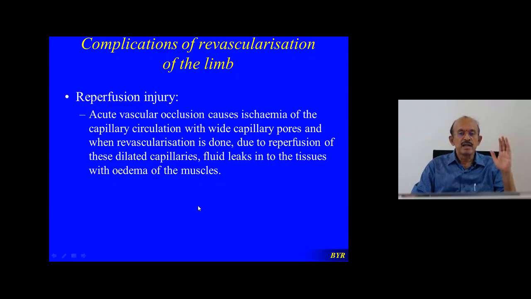So they will be under anaerobic metabolism. In that anoxic state, the capillaries will lose their integrity and the endothelial cells will shrink in size. That is why there will be wide capillary pores. Any ischemic capillary will develop wide capillary pores.